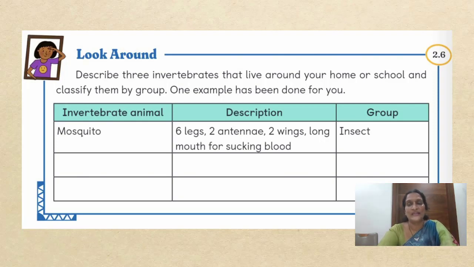One example is given: mosquito, 6 legs, 2 antennae, 2 wings, a mouth. It belongs to which group? Insects. Okay children? You should fill it. Look around in the garden, in your house, in school, and fill this.